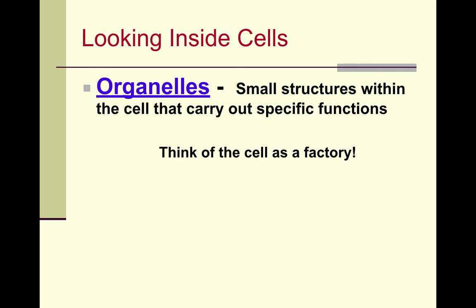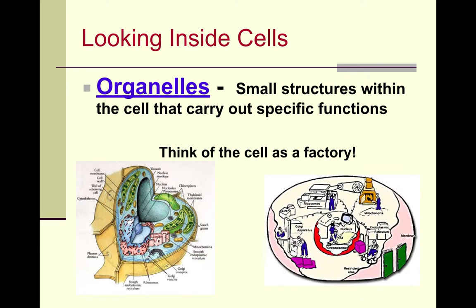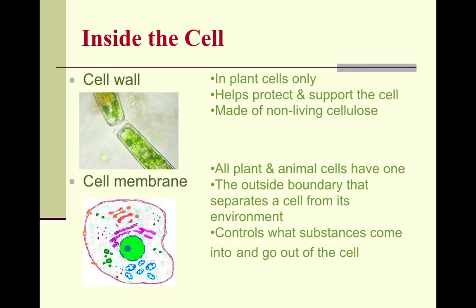Organelles are small structures within the cell that carry out very specific functions. If you want, you can think of each cell as a factory. Okay? Each part of the cell has its own job to do, and it does those kinds of jobs. If we look inside the cell, in a plant, you will see a cell wall.